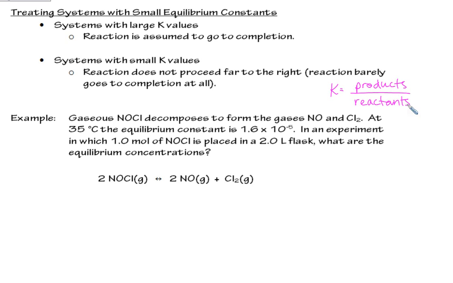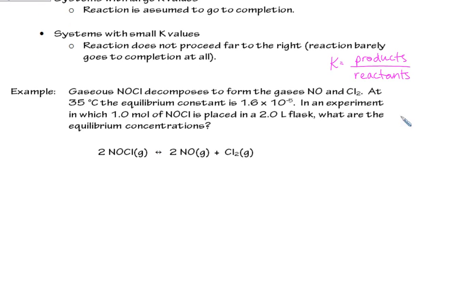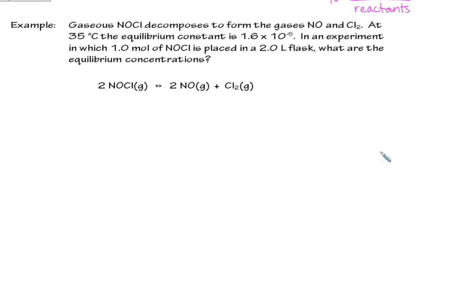Okay, so let's get this thing started. Let's approach this like any other equilibrium system. I know I'm going to want an ICE table. So we're going to write our equation: 2NOCl forms 2 nitrogen monoxide and a chlorine. And we'll ICE.